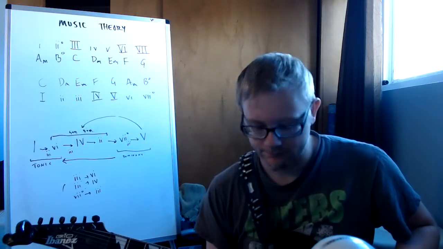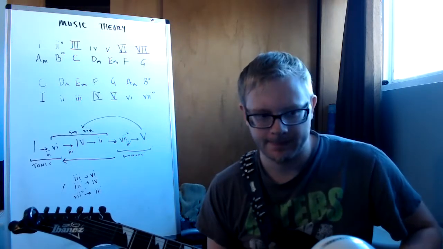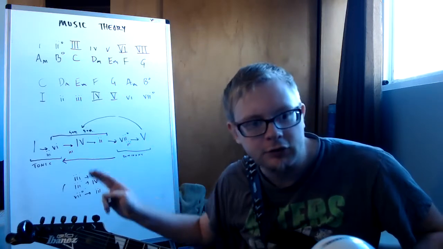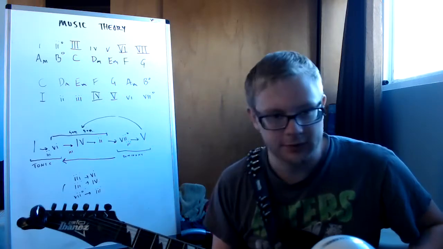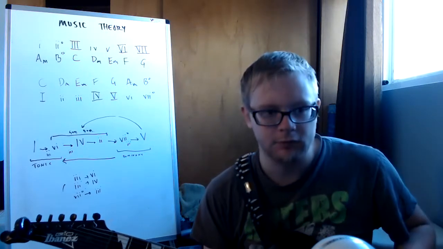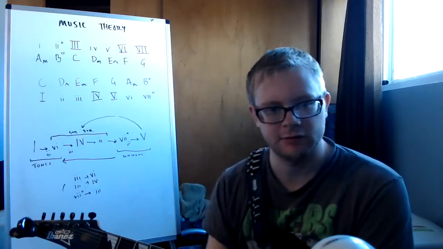Or the 1, the 3, 4, the 5, 1. And if I really want to go crazy, I can even add the 2 here at the end of 4. So 1, 3, 4, 2, 7. And I'm just playing these chord progressions.